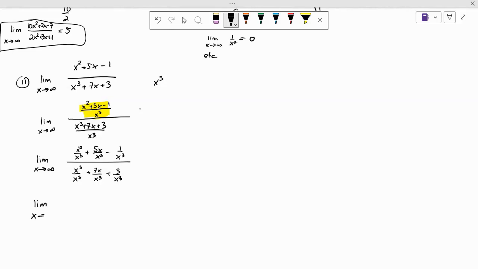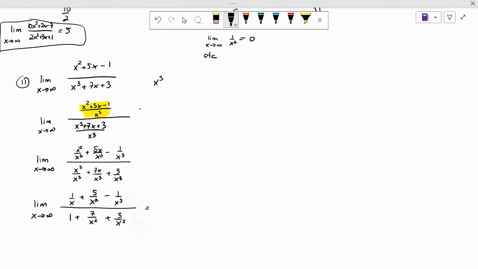So now we do the simplification here using our algebra skills, properties of exponents. And now we can easily find the limit as x goes to infinity.